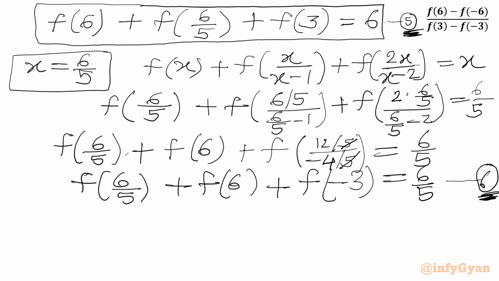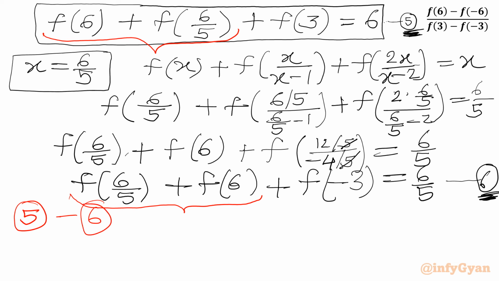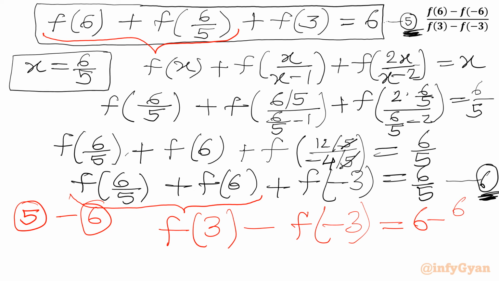If we look, f(6/5) plus f(6) is common to both equations. Now I will perform the operation 5 minus 6. So we will get f(3) from equation 5 minus f(−3) from equation 6. In between, the sign will be minus, and the right-hand side will be 6 minus 6/5, which gives us 30 minus 6, so 24/5.